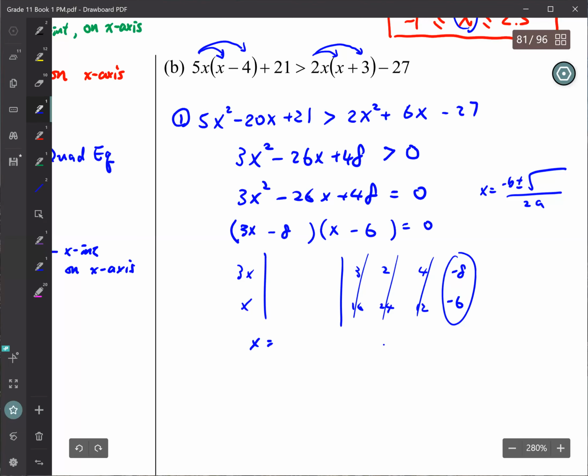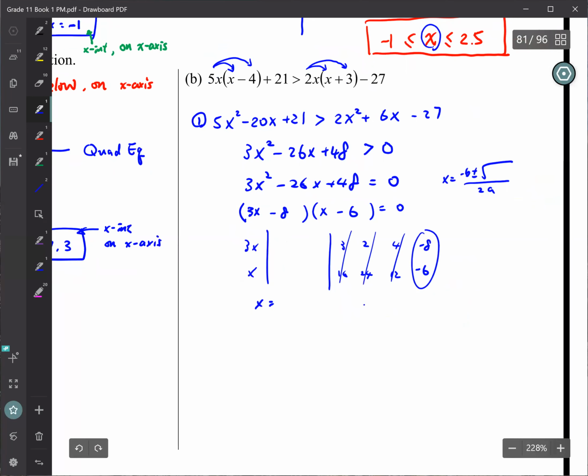So therefore the roots are, Chris? What are the roots now? The x-intercept. Yeah, x-intercept. 6 and 8/3.